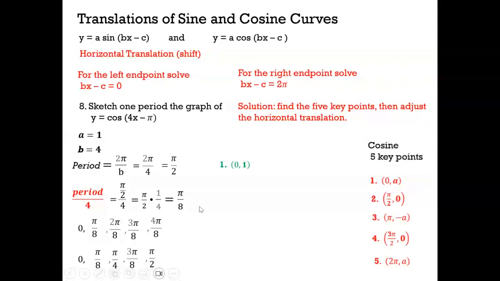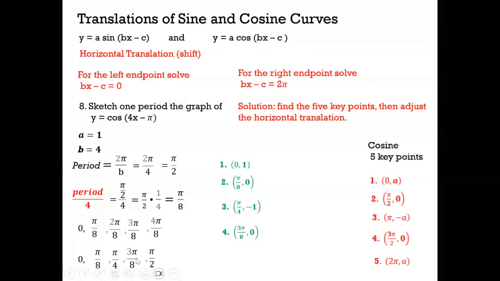Then comes pi over 8, 0. Then pi over 4, negative 1, because negative amplitude. And then comes 3 pi over 8, 0. And then finally, pi over 2, amplitude, which will be 1, pi over 2, 1. So this will be my 5 points without the horizontal translation.